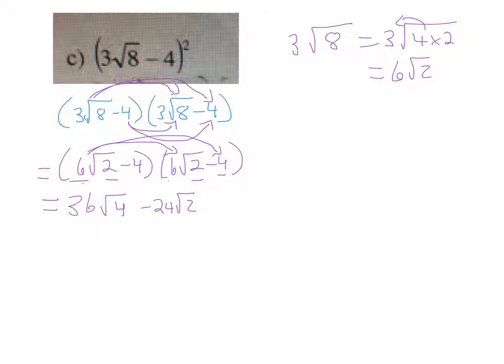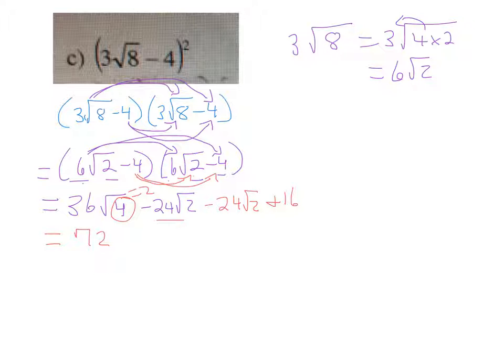If we do that now for the bottom ones here for the second term, we're going to go 4 times 6 root 2, so we have minus 24 root 2, and then minus 4 times minus 4 is plus 16. So now we go back and we look and see what we can simplify. Root 4 here equals 2, right? So that's just 2 times 36, which is 72.